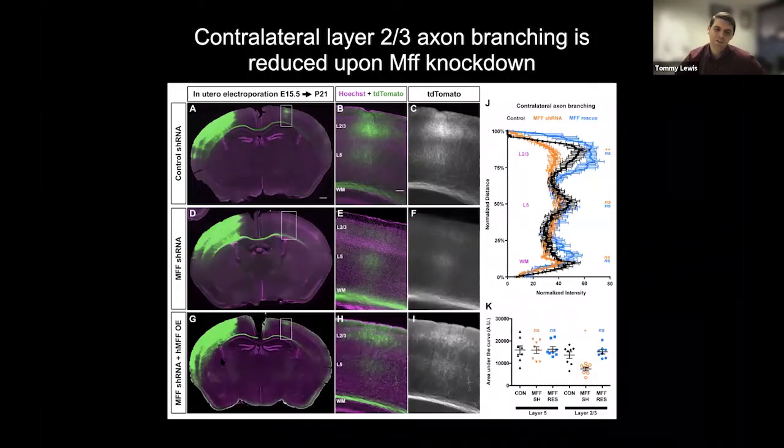And this can be rescued by, again, reintroducing the human MFF that's impervious to our shRNA. So showing that this is really mediated by keeping axonal mitochondria at this very precisely regulated size along the axon, and disruption of that really disrupts axonal development.